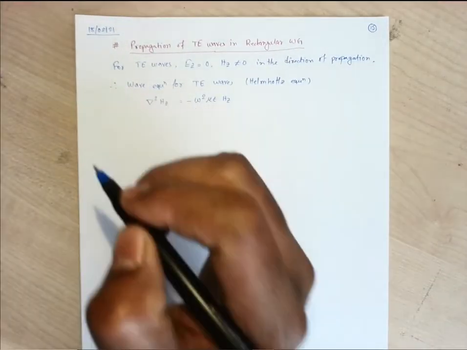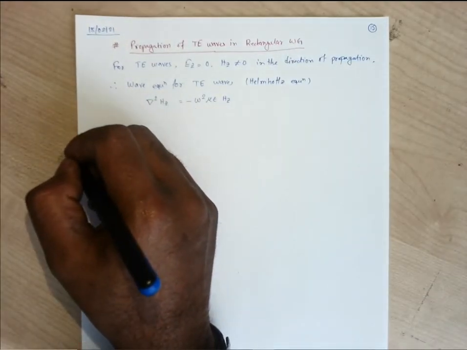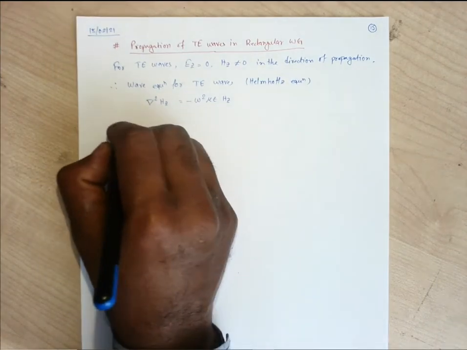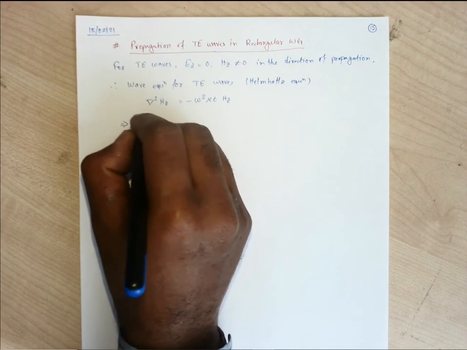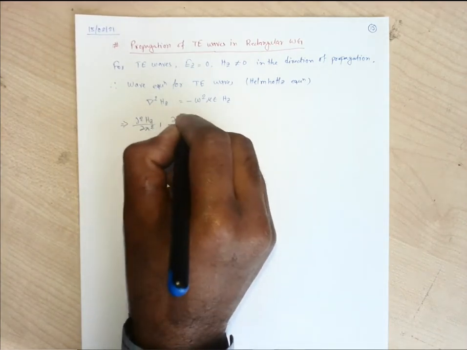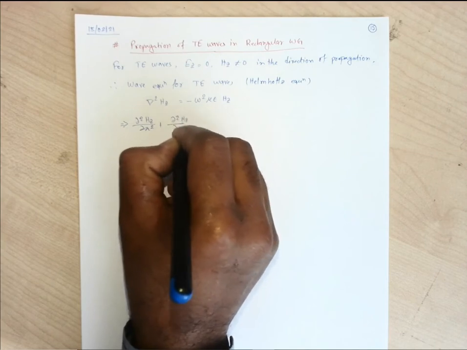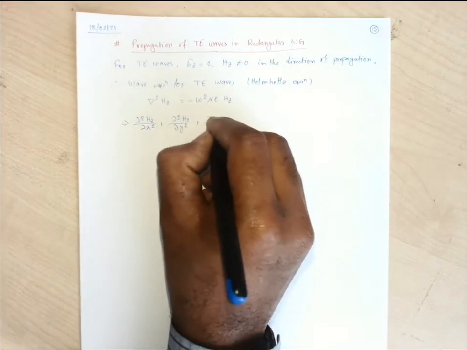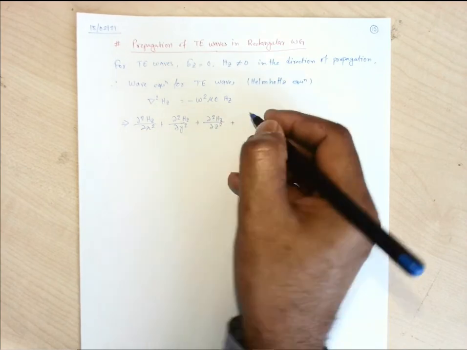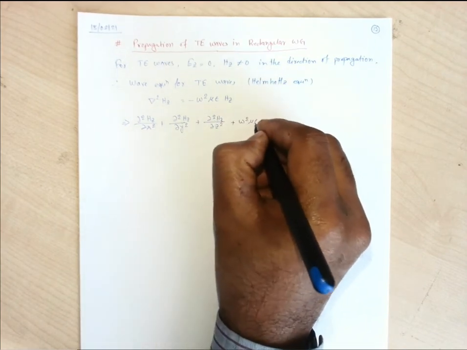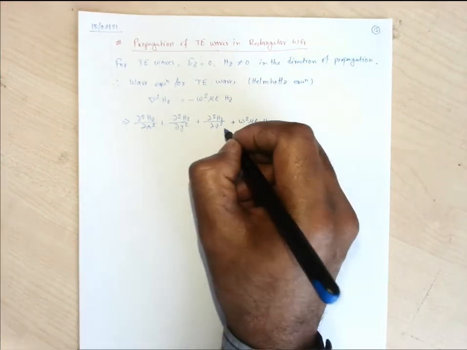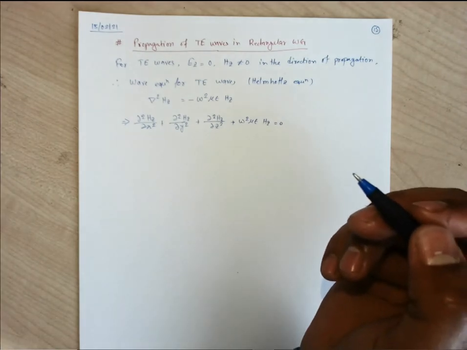So we can write down the partial differentiations in all three axes, plus omega square mu epsilon Hz. So for del 2 del z2 we can write gamma square.